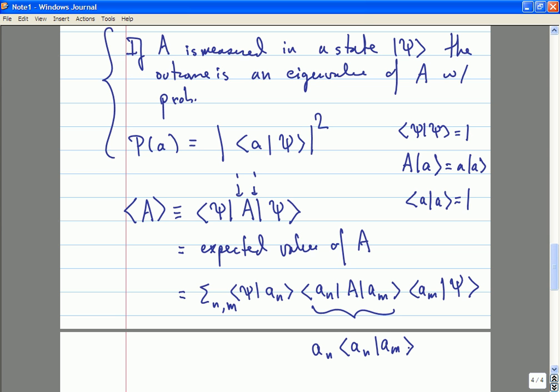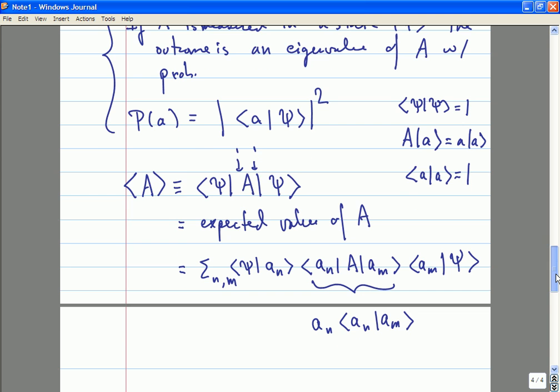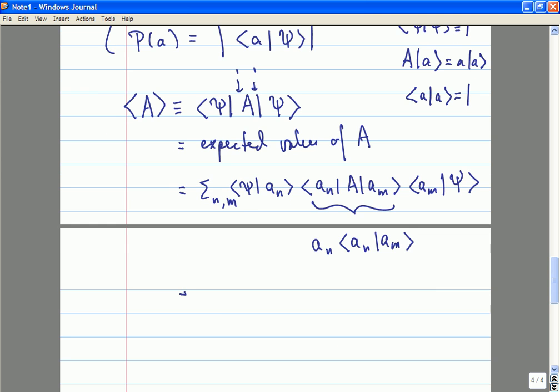So if we just choose an orthonormal basis, where the norm of the state a_n is equal to 1, and the overlap between a_n and a_m is equal to 0 if n is not equal to m, then this is just the sum over n of a_n times the absolute value squared of the overlap of a_n with psi, or just the sum over n of a_n times the probability of observing a_n.